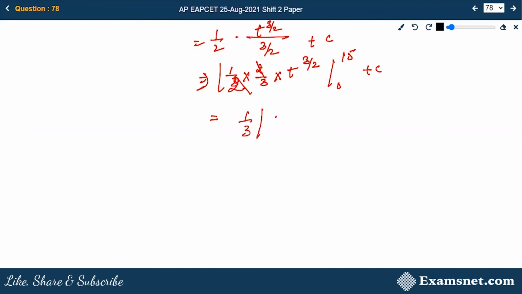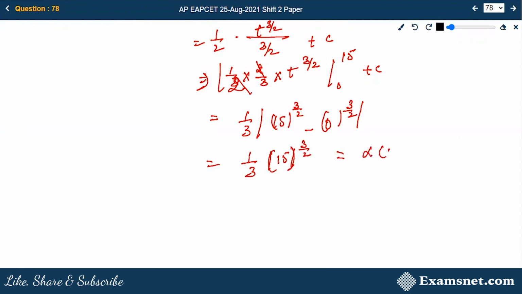Now putting the limits, this is 15 raised to power 3 by 2 minus 0 raised to power 3 by 2. This is equal to 1 by 3 into 15 raised to power 3 by 2. Right? This is equal to alpha into k raised to power beta.